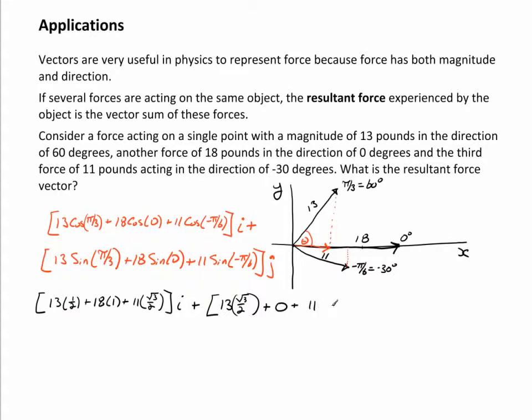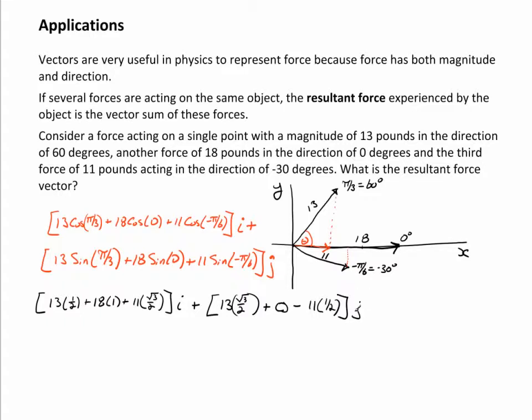Well, sine of pi over 6 is a half, but negative pi over 6 is negative 1/2. So I'm going to write this as 1/2 and simply change this to a negative. And that's the j component.